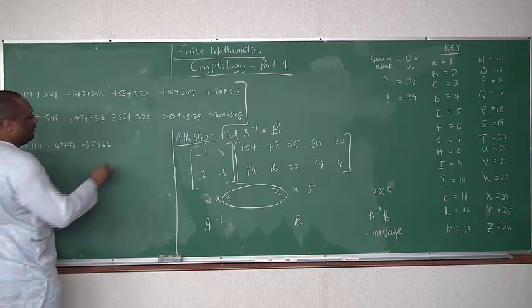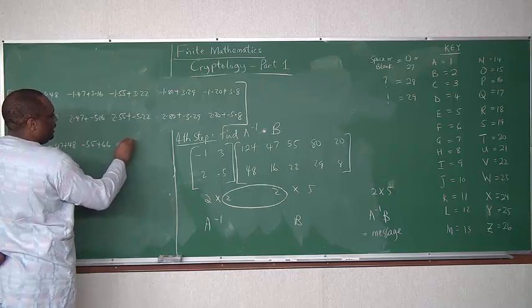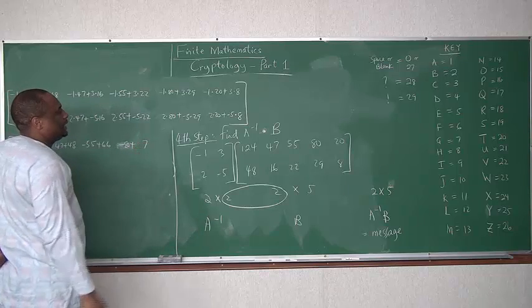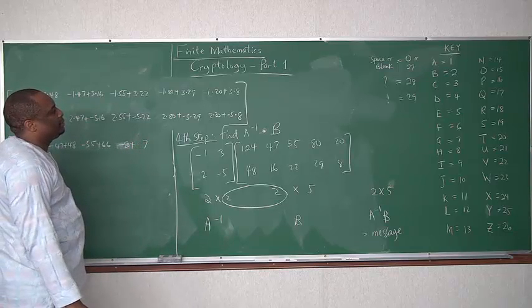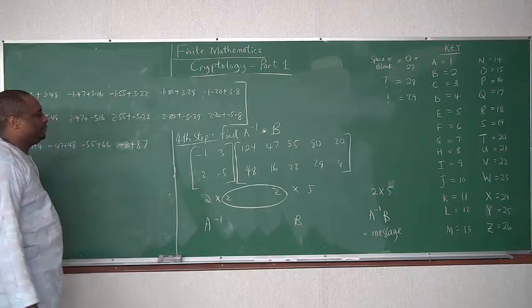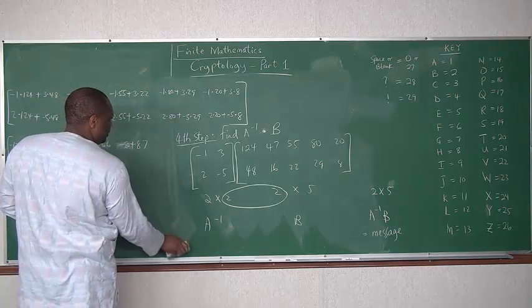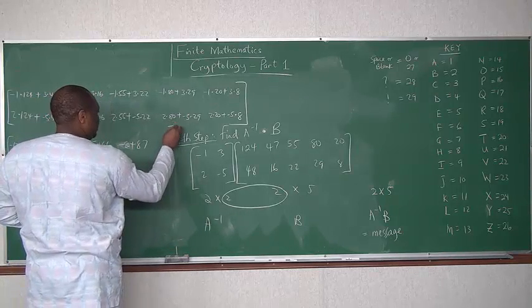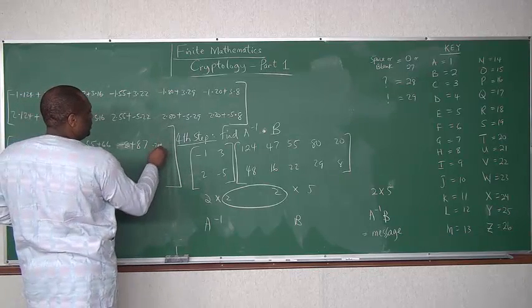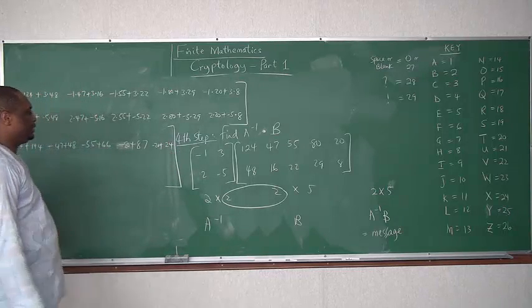This is negative 80 plus 3 times 29, 87. Then negative 20 plus 24, right? Negative 20 plus 24.